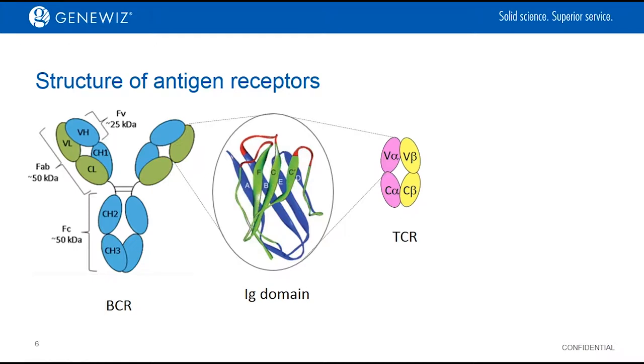Because of structural requirements, the sequence of these sheets are quite conserved. On the contrary, the loops on one of the ends of Ig domain are quite flexible and their sequence is variable. So these three loops constitute so-called complementarity determining regions 1, 2, and 3 that are responsible for antigen recognition.